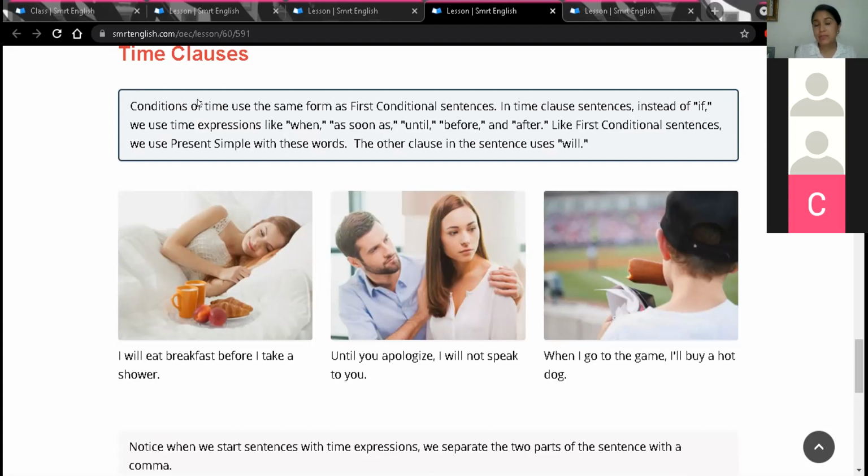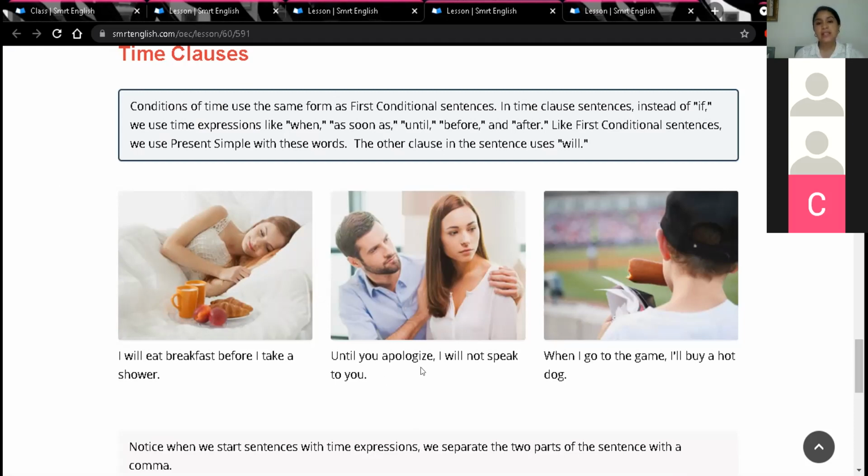That would be the difference, because with the if, I'm just saying that it's a possibility, and using when or as soon as or until, etc., I'm telling you exactly when the result is gonna happen. Is it clear the difference between if and the time expressions? For example, I will eat breakfast before I take a shower.